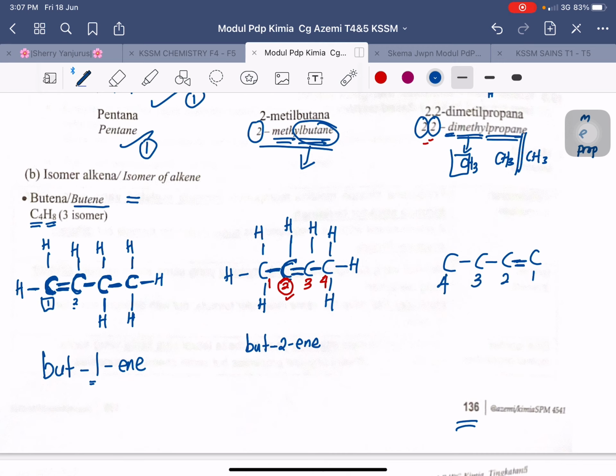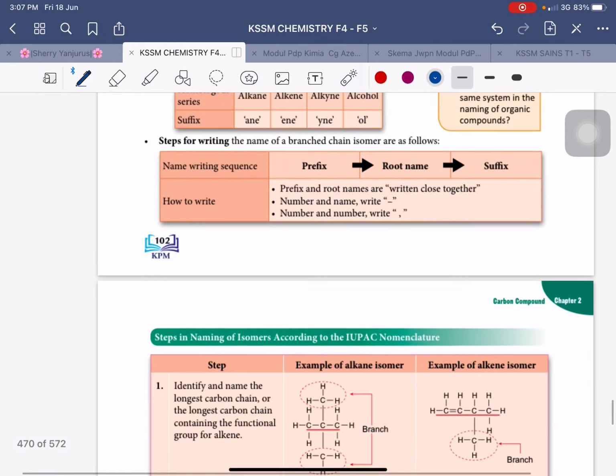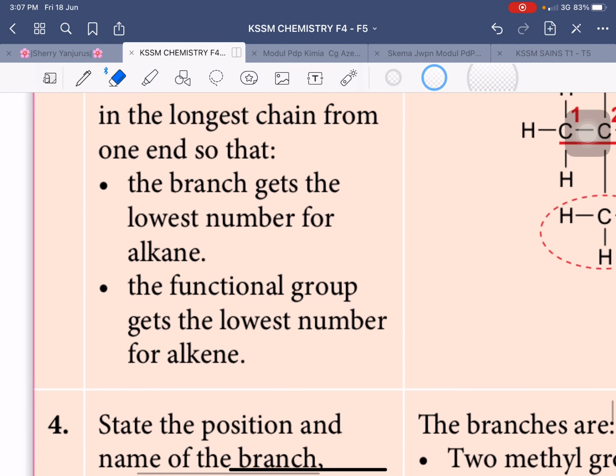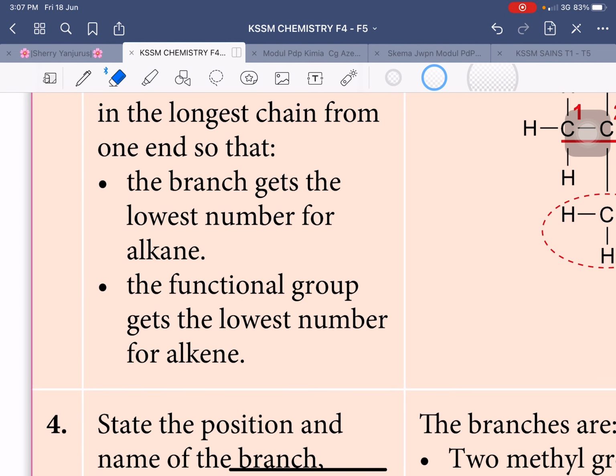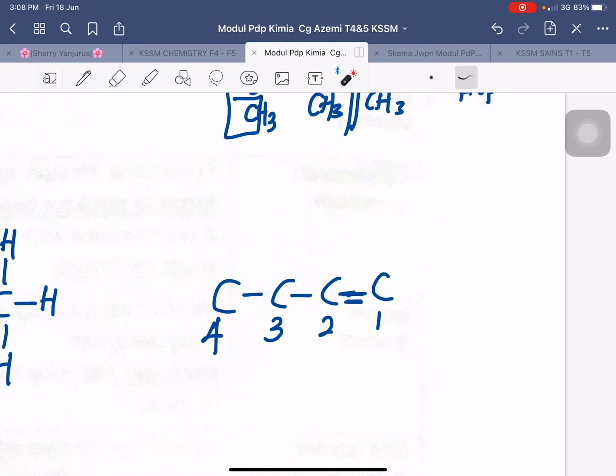Where when you number the functional group, it must get the lowest numbering. Remember this one, the rules. The functional group gets the lowest number. The branch gets the lowest number. The functional group must be at the lowest number for alkene. Lowest number means this. This is the correct one: lowest number 1, 2, 3, 4.